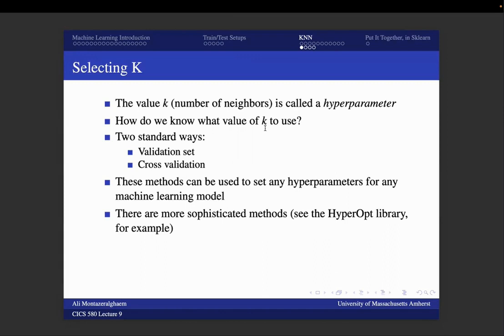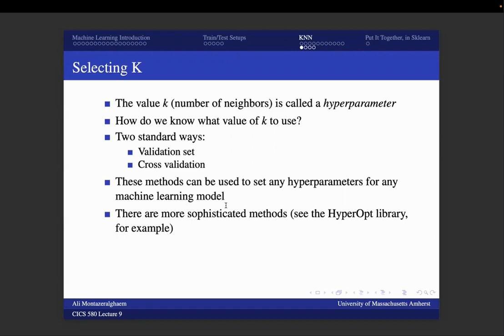I will just briefly explain them. I am not going into the details, but if you are interested, you can absolutely ask questions about these two standard ways of selecting k.